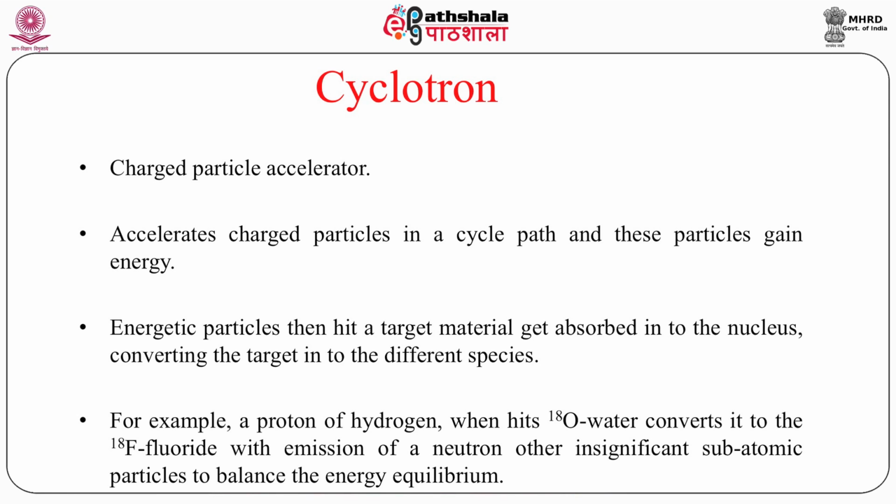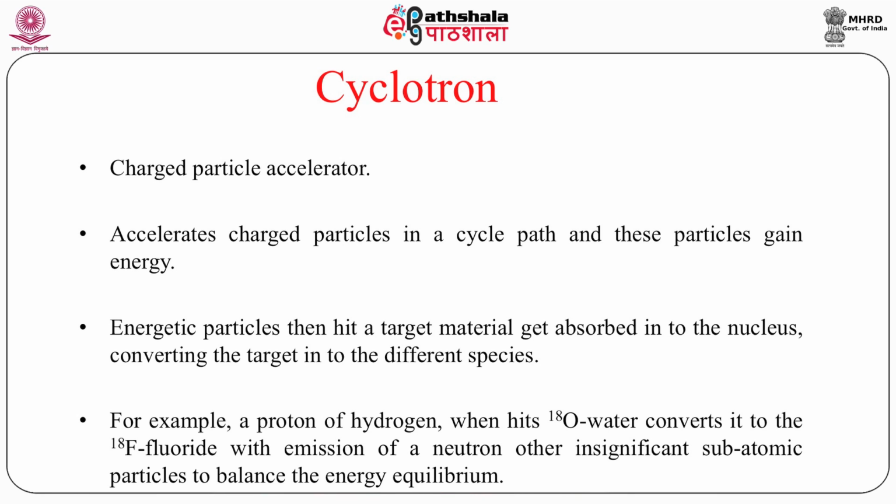Now, when energetic particles hit a target material and get absorbed into a nucleus, converting the target into a different species, that is the way we get a positron emitter. We talked about O18. When O18 is hit by a proton, finally what exactly happens? You make fluorine 18, a (p,n) reaction, and a neutron comes out. Proton hitting oxygen, making fluorine 18.